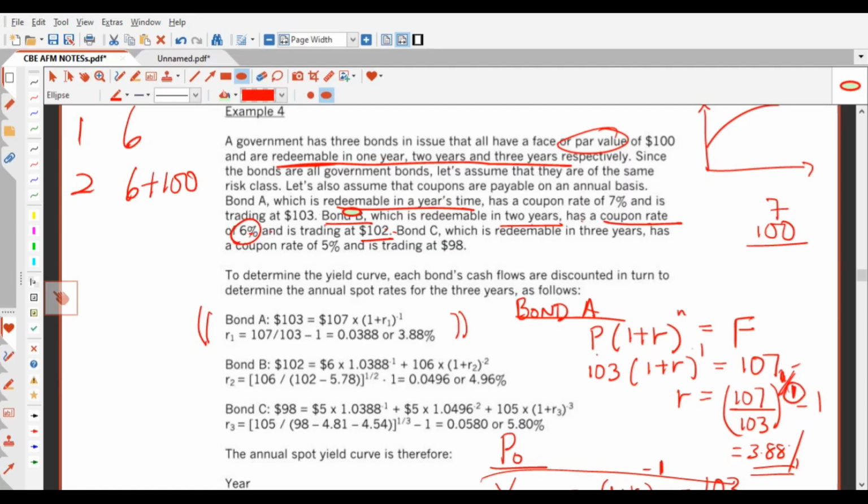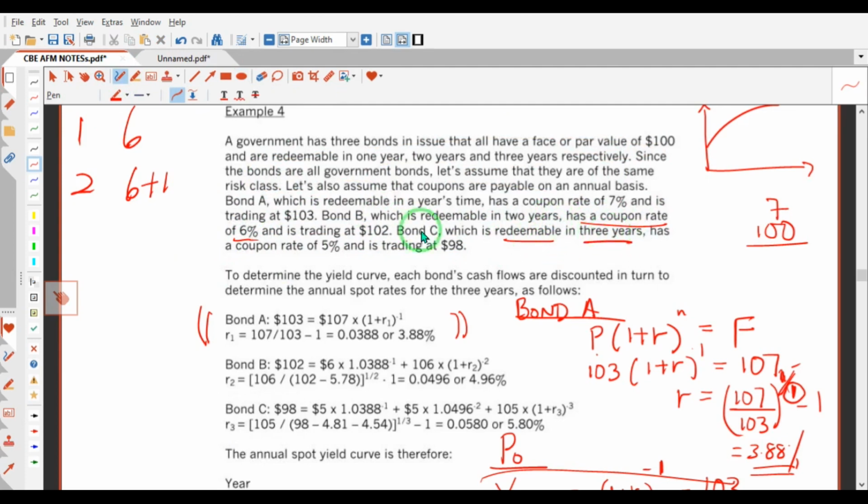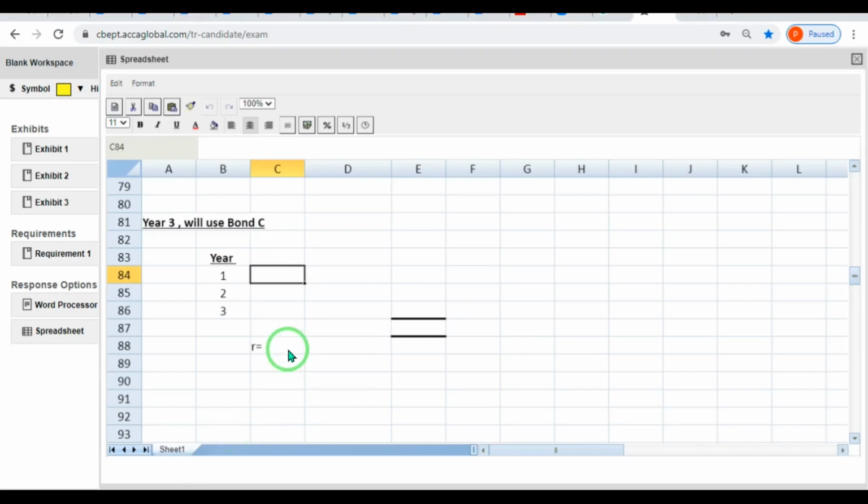Now, bond number 3 is going to be bond C. Bond C has got 3 years to go, has a coupon of 5%, trading at 98. So 5%, 5%, 5%, and today is worth $98. So you're going to get here 5, 5, and 105.